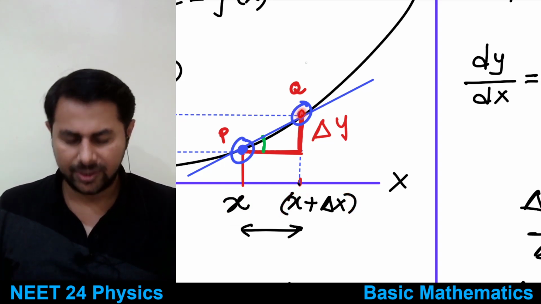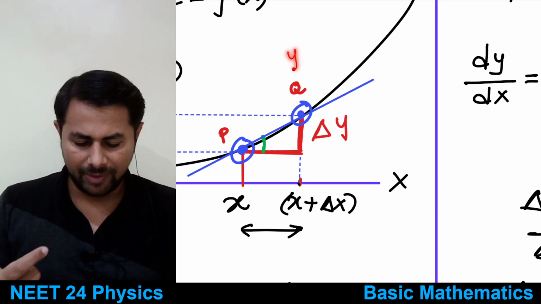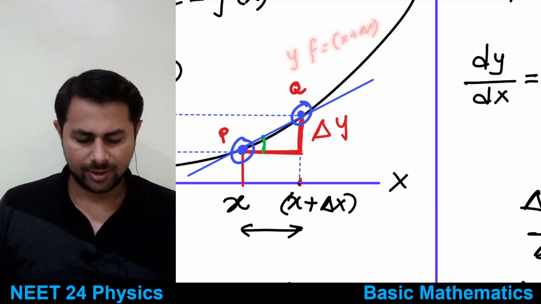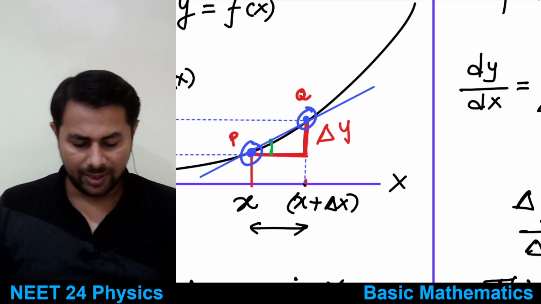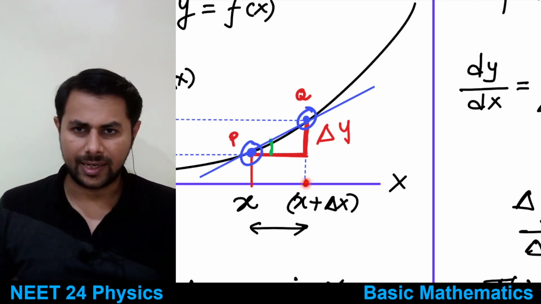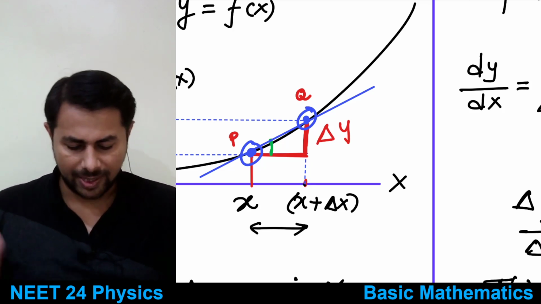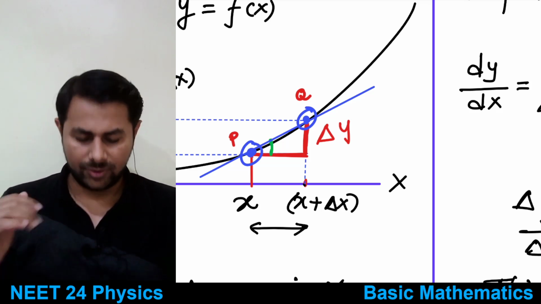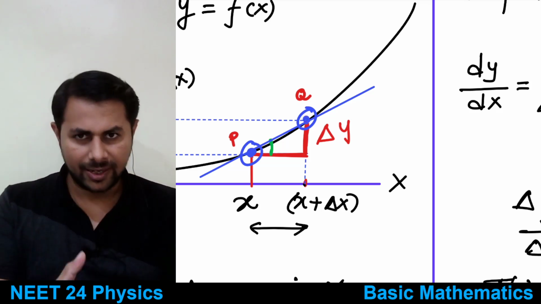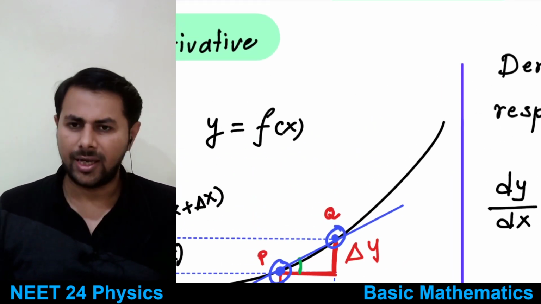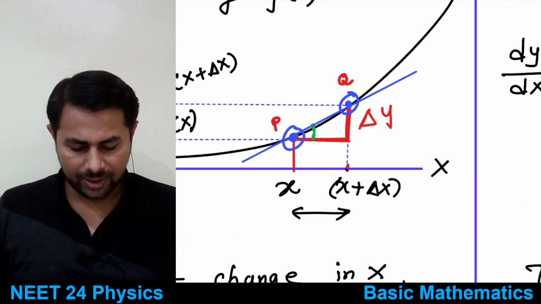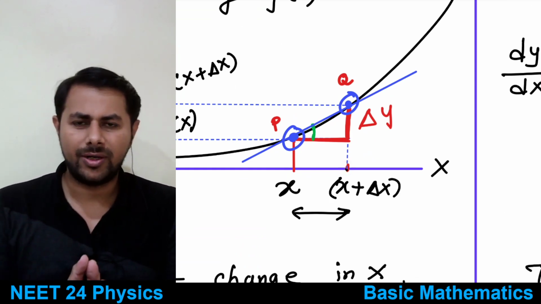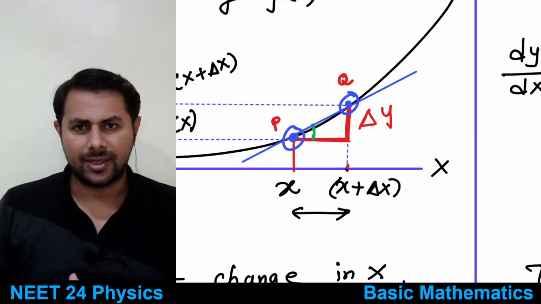So y becomes f of x plus delta x, because y is equal to f of x.